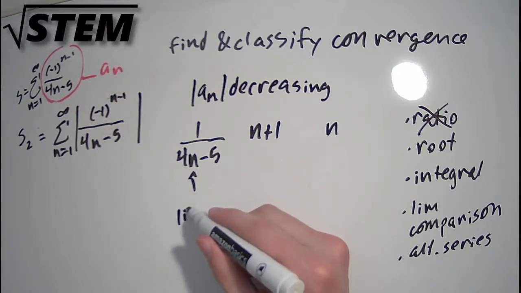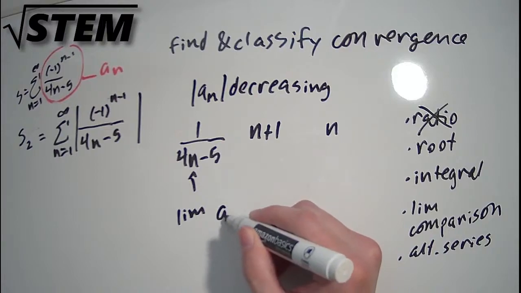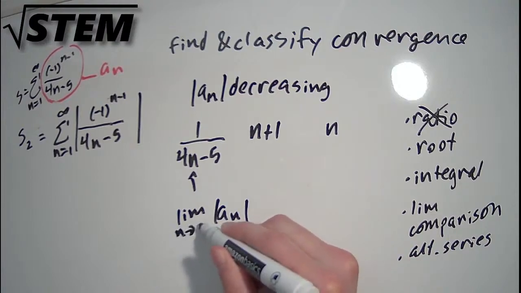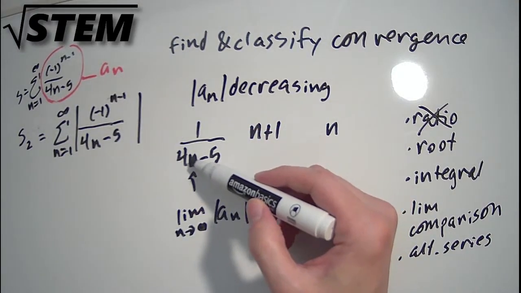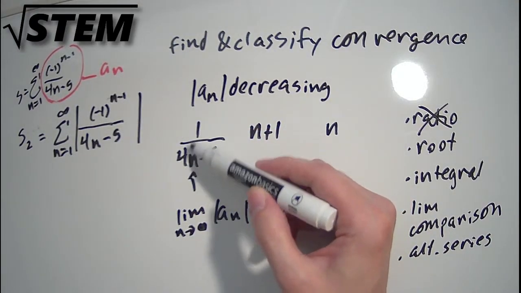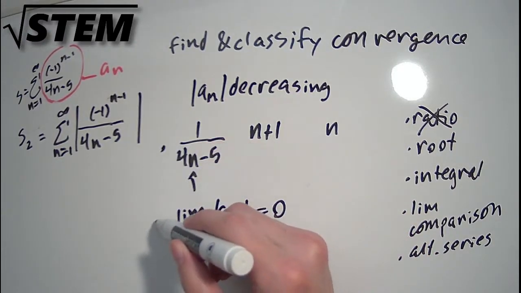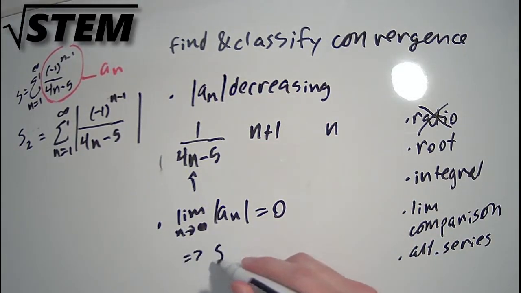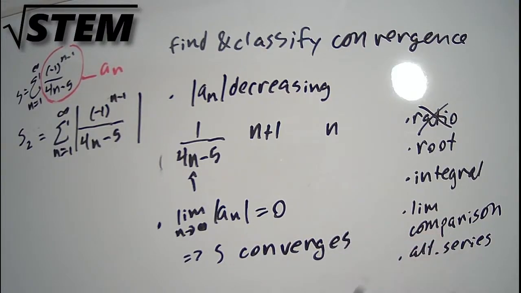And then if the limit of that absolute value of an as n goes to infinity is 0, which it is, because if we plug infinity into there, we're dividing 1 by infinity. So with those two pieces, we know the original sum converges. And I guess that would be conditionally.